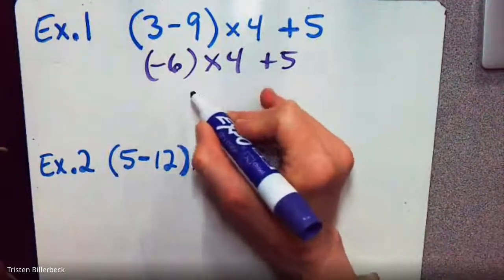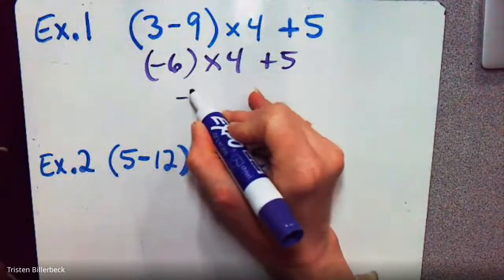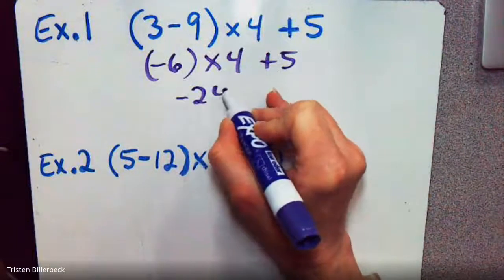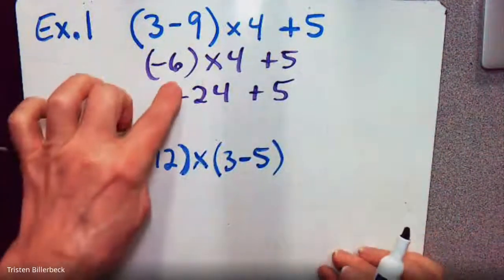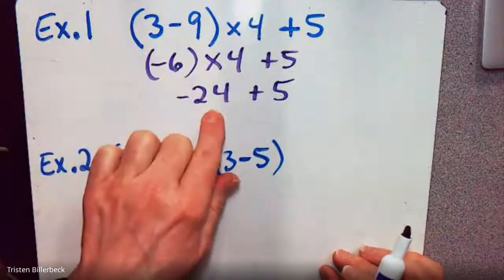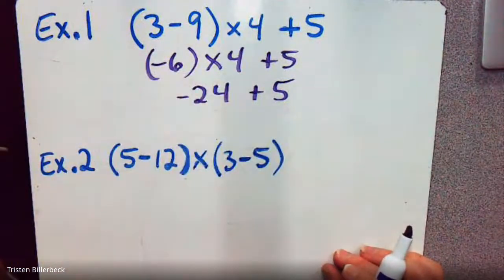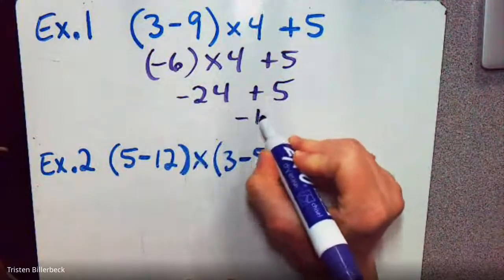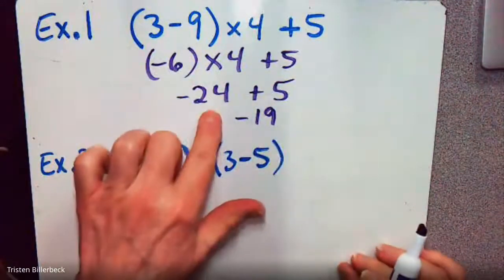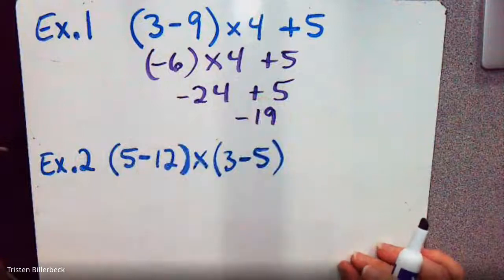So the next thing I do is -24 plus 5, because -6 times 4 is -24, plus 5. And my final answer will be -19, because -24 plus 5 is -19.